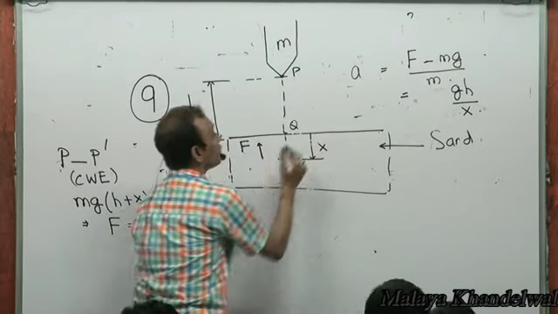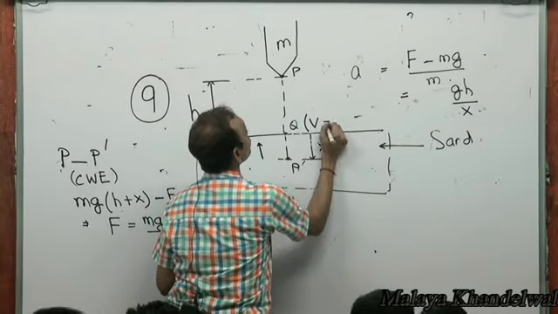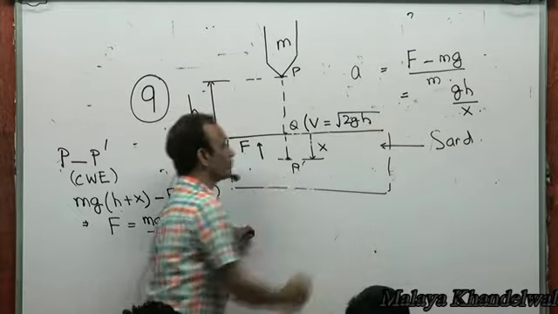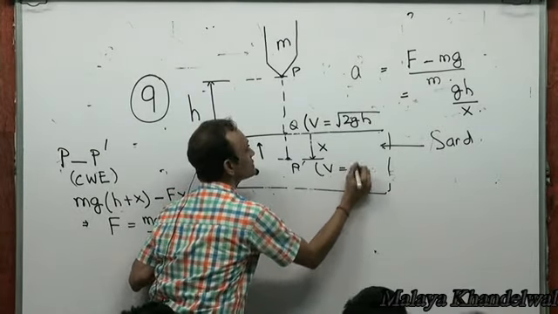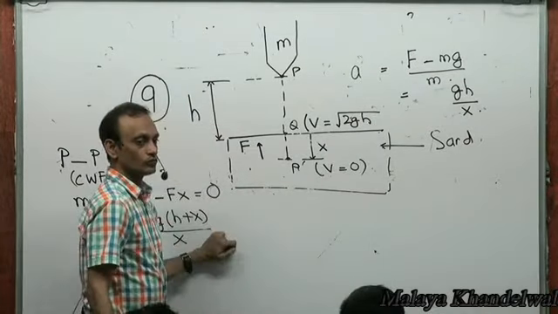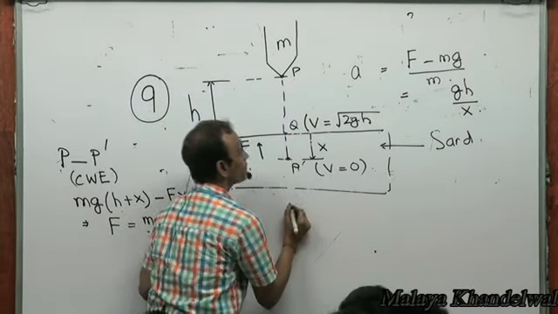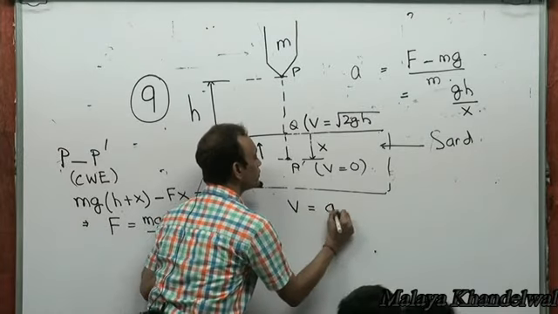Now, the velocity at Q is root 2gh. Yes or no? The velocity at P prime is 0. So the time taken from Q to P prime is going to be given by v equal to a into t.